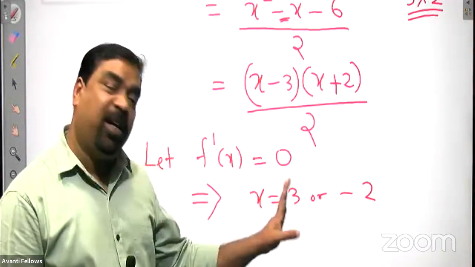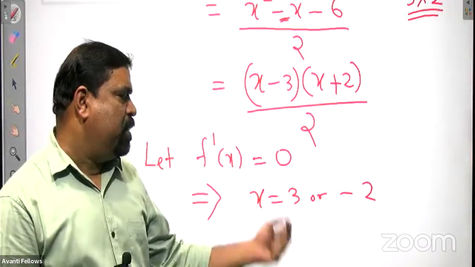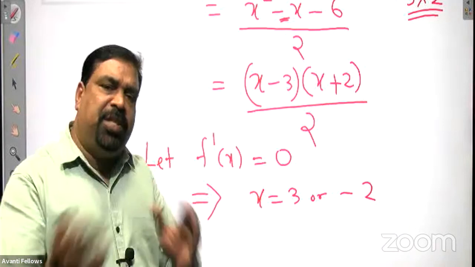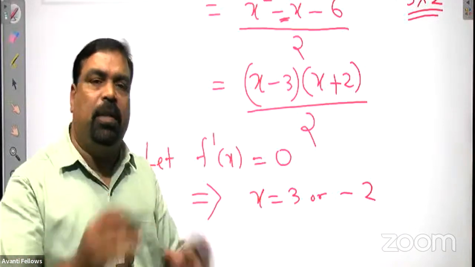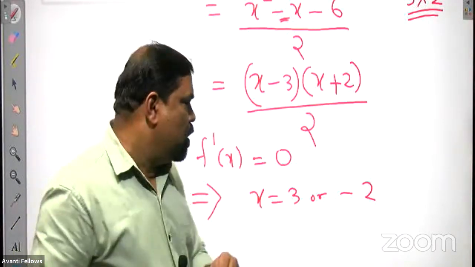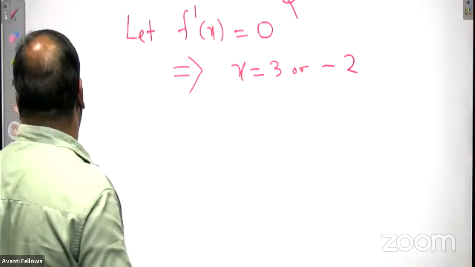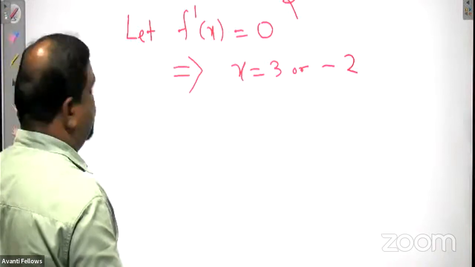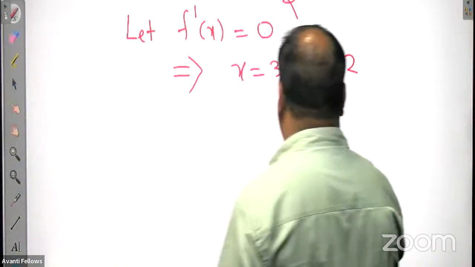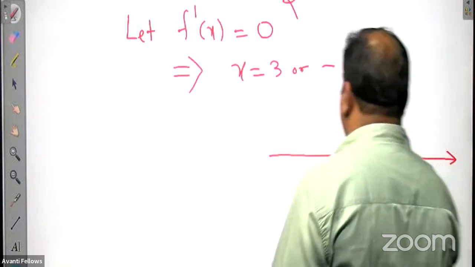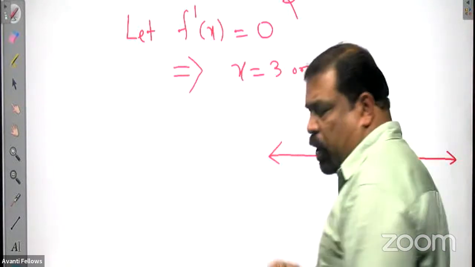Okay, so we got the critical points. These are the points where there may be a change or turning in the graph of the function. Once you get the critical points, the next step is to identify the intervals. The domain is all real numbers because it's a polynomial function.